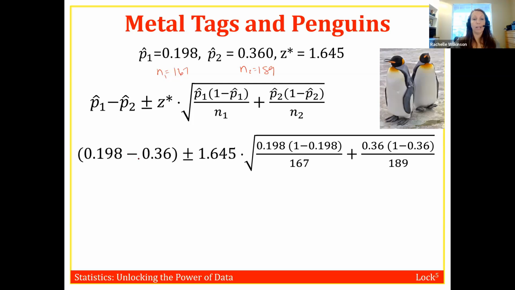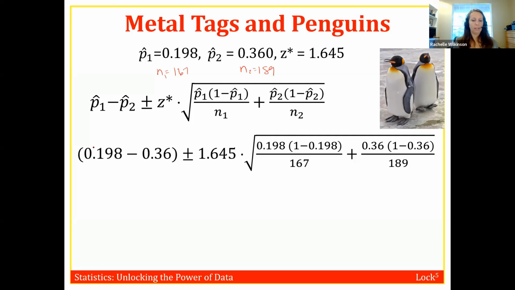So I'm going to get 0.198 minus 0.36 plus and minus 1.645 times the square root of this whole big thing, 0.198 times 1 minus 0.198 over 167 plus 0.36 times 1 minus 0.36 over 189. All right, so start by doing this piece by piece.